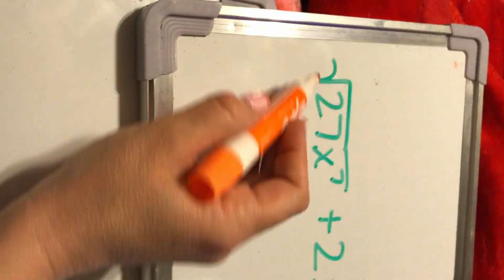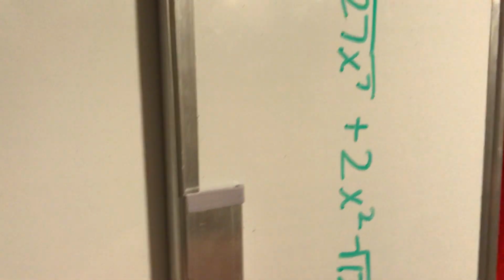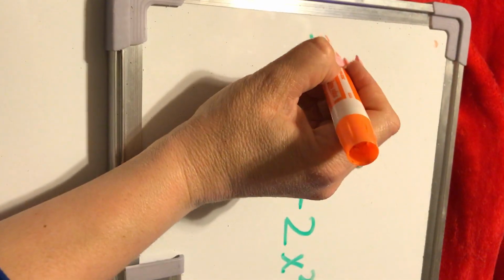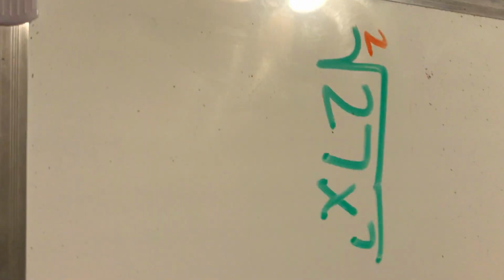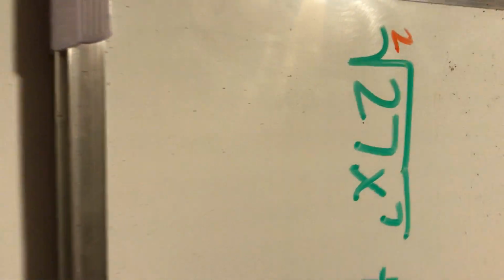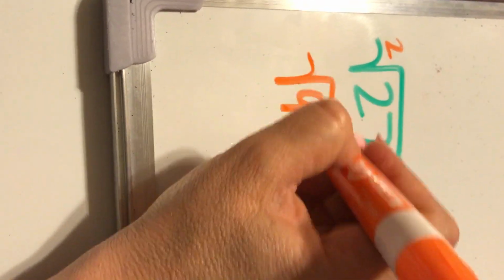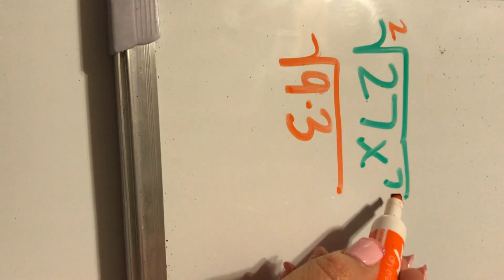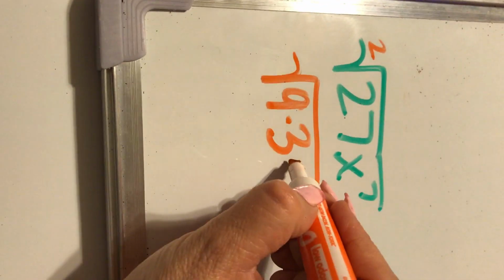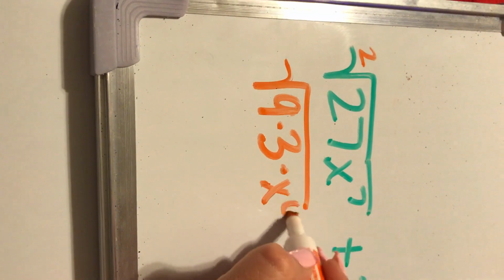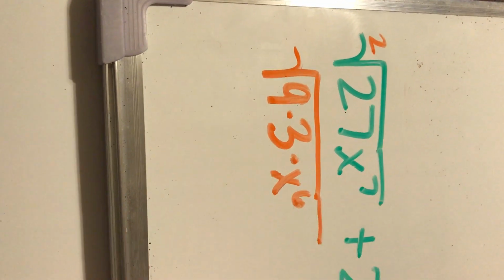Now we see in both of these radicals there's no index, so that means that they are square roots. 27 has a perfect square factor of 9. So 9 and 3. Now x to the 7th is not a perfect square. However, I know that x to the 6th is because it's a multiple of 2.